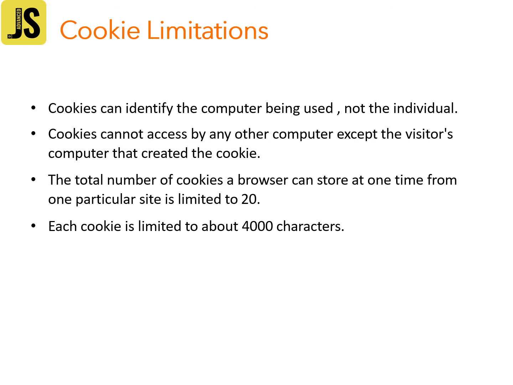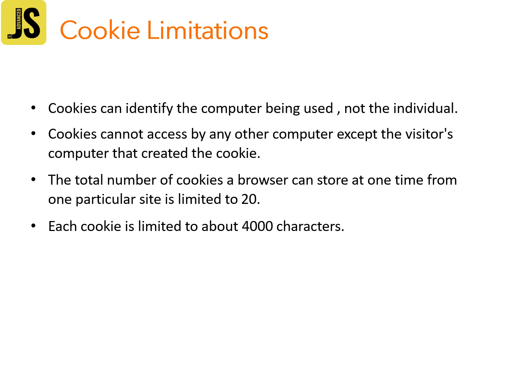So cookies should be able to identify the computer where they are used, but should not be able to identify the individual using the browser. Cookies cannot be accessed by any other computer except the visitor's computer that created the cookie. So if one computer has created a cookie file, that cookie file cannot be accessed by any other computers.